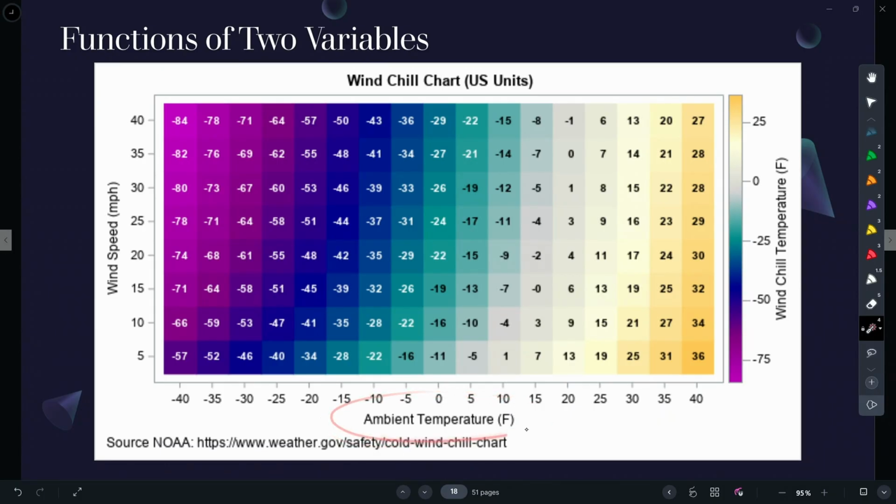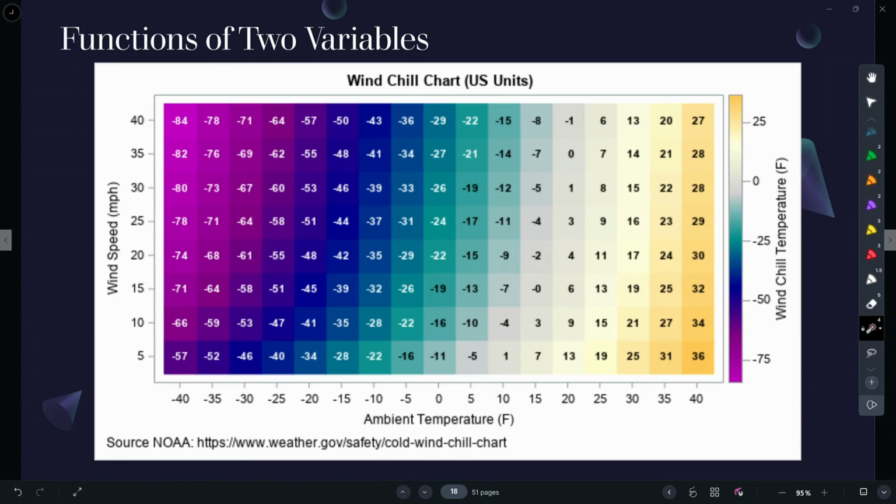The x values are the temperature in Fahrenheit, and the y values are wind speeds in miles per hour. And this is just a chart of some values of the function, but the function itself, of course, like we can know what happens when the temperature is, I think today was 6 degrees. What is the wind chill, depending on the wind? What's the actual temperature you feel on the skin? It's somewhere in between here.